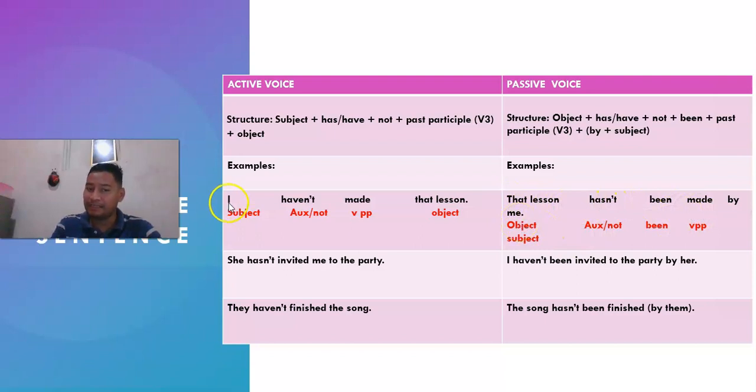In this case, I is the subject, haven't is the auxiliary, plus made, the main verb in past participle. The lesson is the object, okay? And in the passive voice, the lesson is the object, hasn't is the auxiliary, been made is the main verb, in this case the past participle, by me.